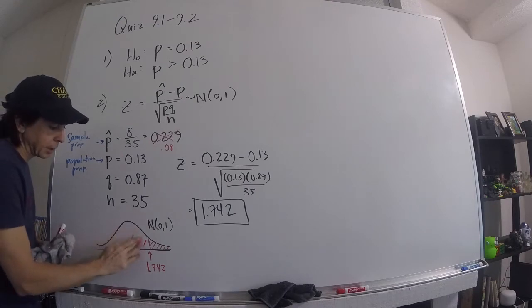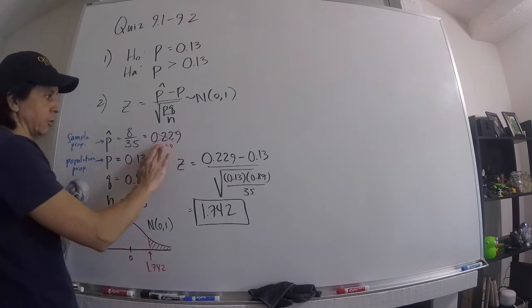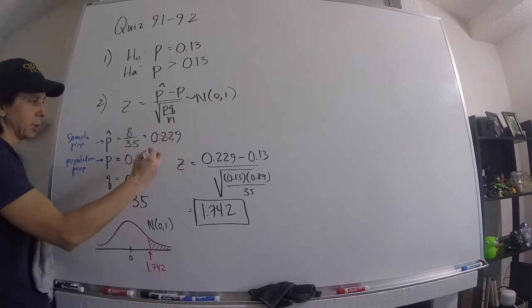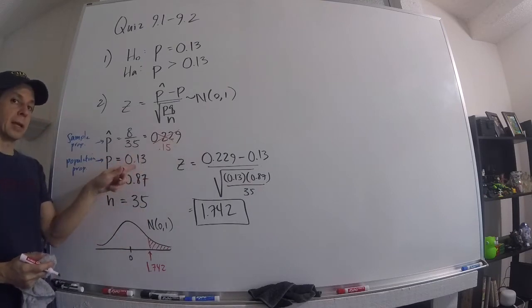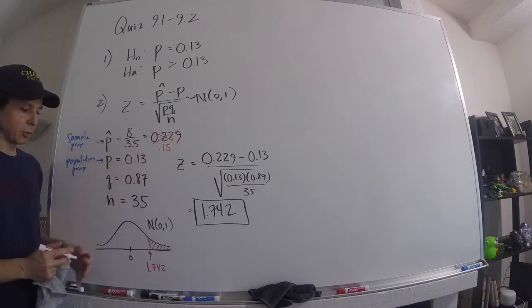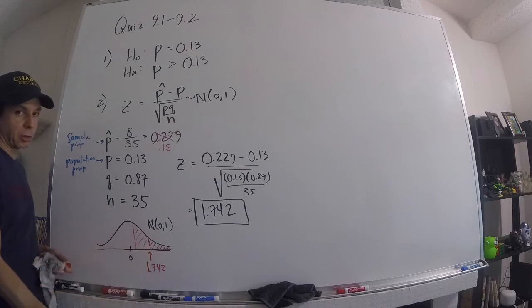if you do get a p-hat that's higher than their claim, that's starting to show evidence that they were lying. Now if you get 0.15, 15%, slightly above what they claimed, you probably let it slide. That's going to be a z-score just above 0 to the right, but not that far. And you'll get a high p-value and probably still not reject.